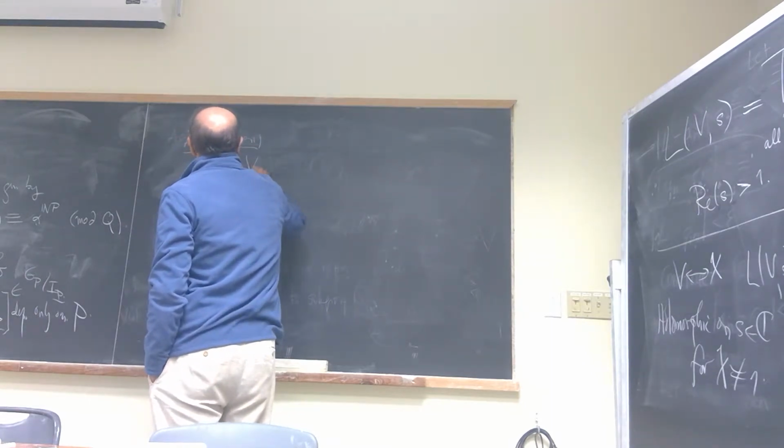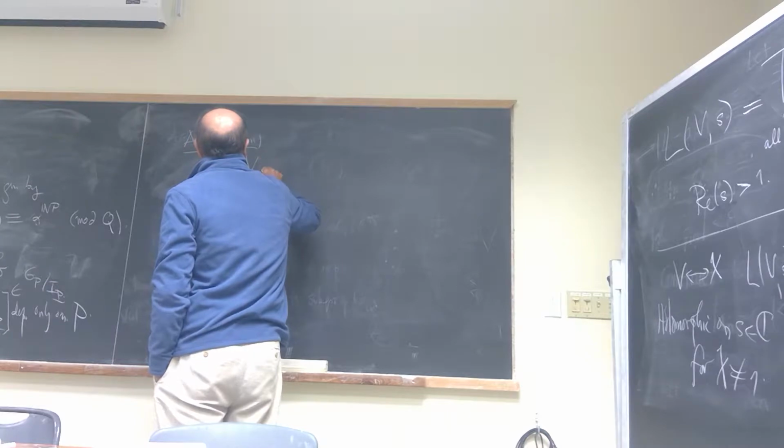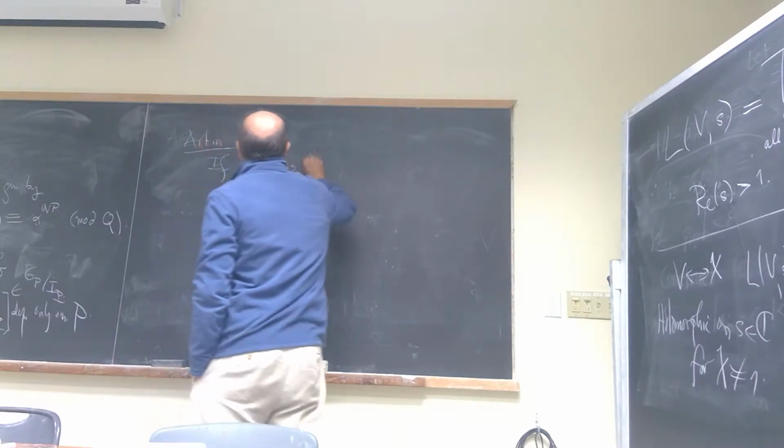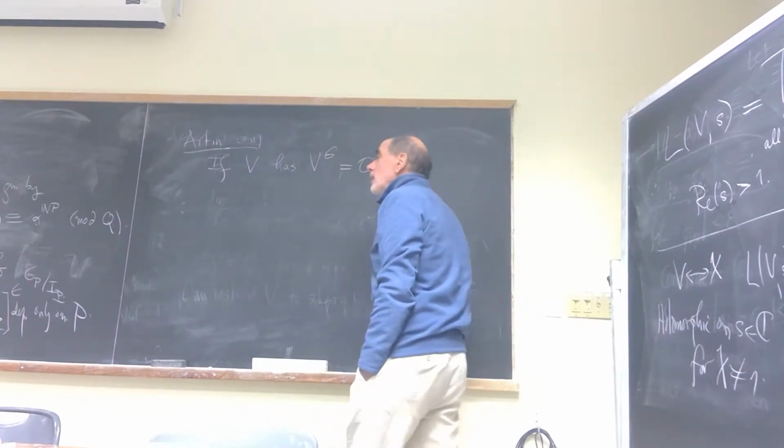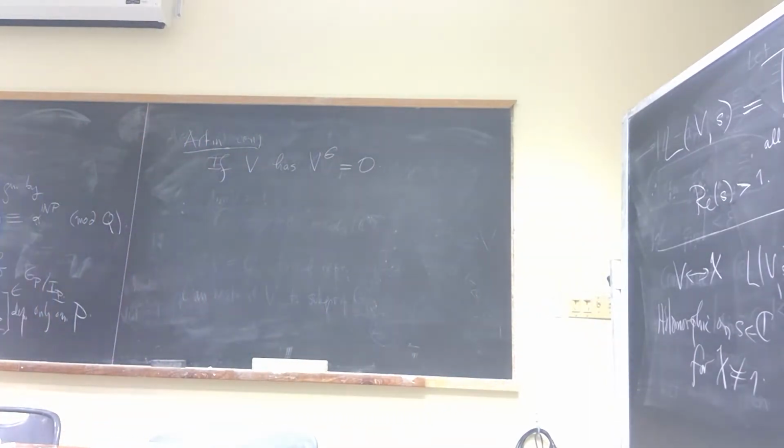if V is a representation that has no invariance under the action of the group. So that distinguishes the trivial character from the non-trivial characters in dimension 1. No invariance under the group.